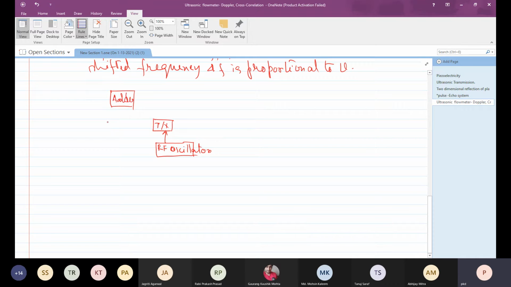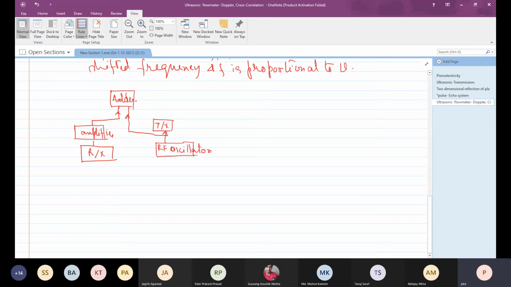There is an adder here. The receiver signal is amplified and fed to the adder so that the shifted frequency will be picked up because they are additive.